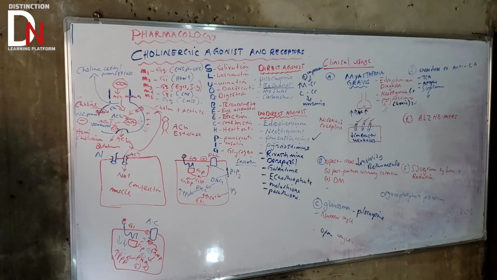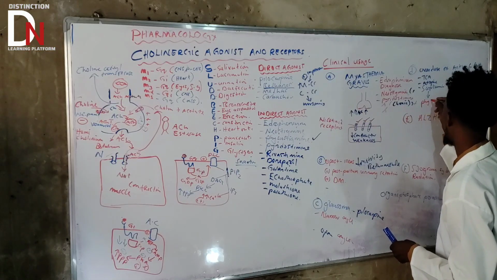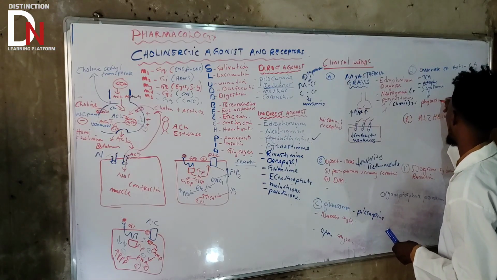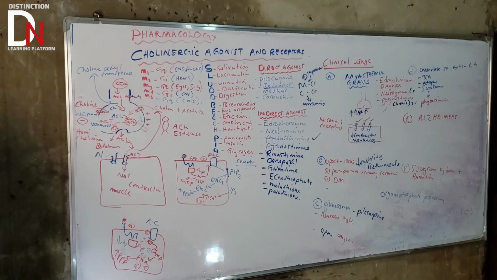We give physostigmine. This is a very, very important drug. This is when you can utilize physostigmine: to counteract or remove these TCAs, atropine, and scopolamine from their receptors, so that you can reverse that overdose.